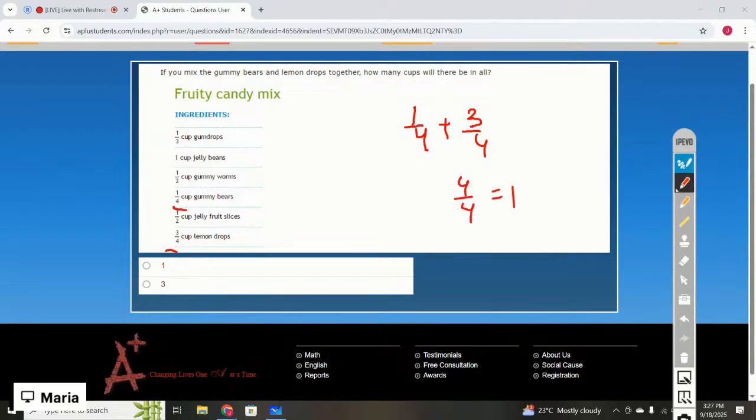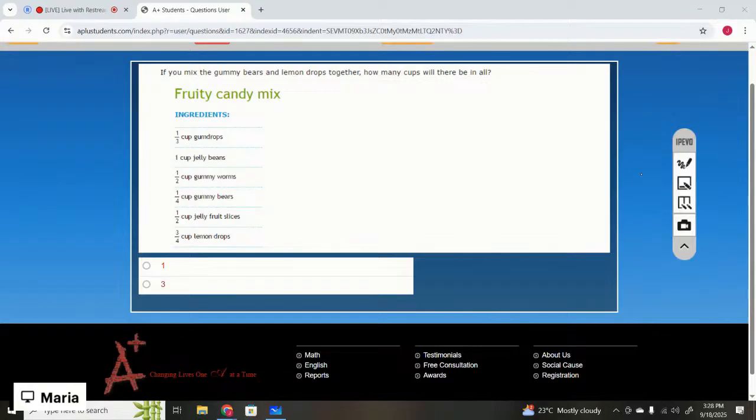That is 4 over 4 and 1 it is. The correct option is 1. Option number 1 is the correct option.